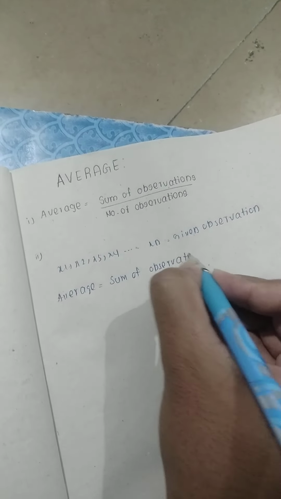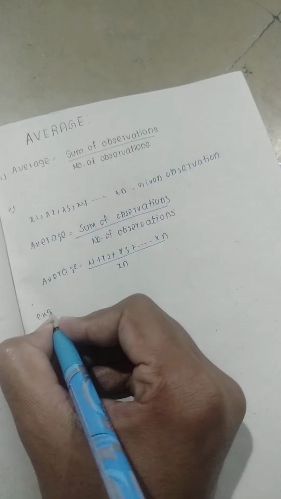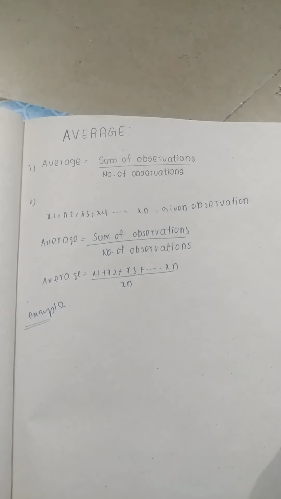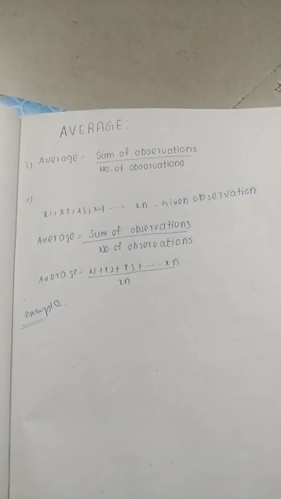That is, x1 plus x2 plus x3 and so on up to xn, divided by n, since there are total n observations.